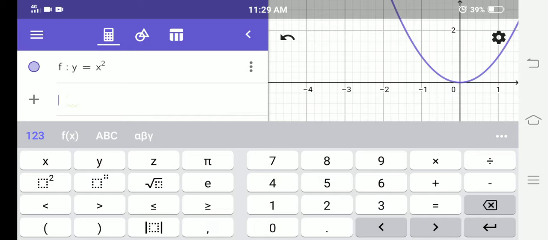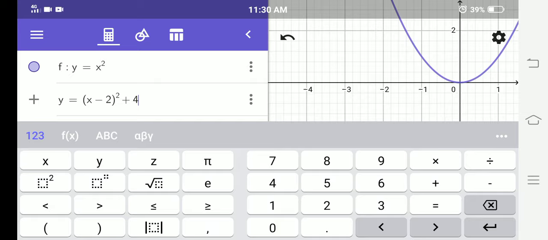So, let's try making y is equal to quantity x minus 2 squared. So, ang value ng h natin dito ay 2 at lagyan natin ng plus 4. So, ang value ng k natin ay 4.